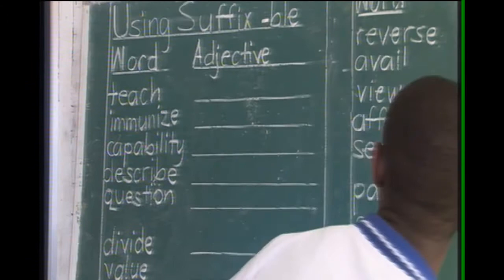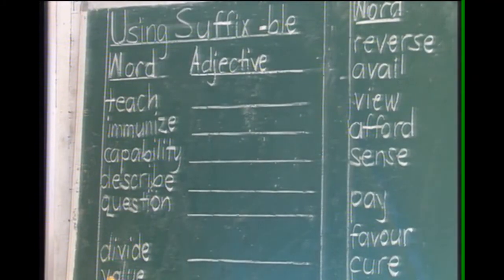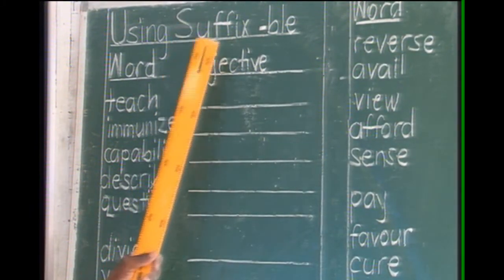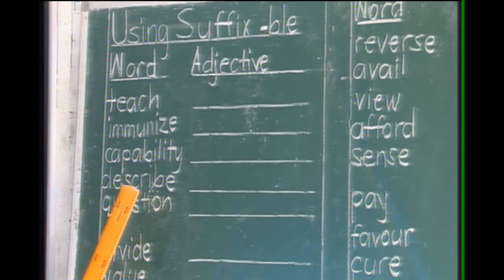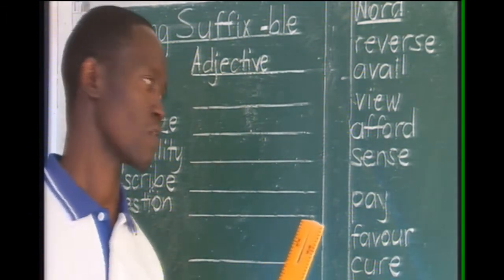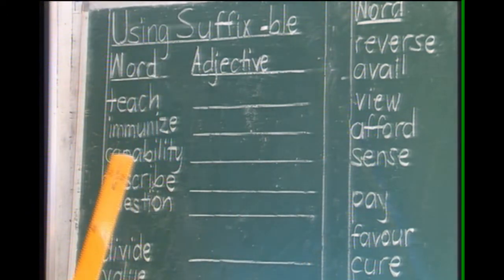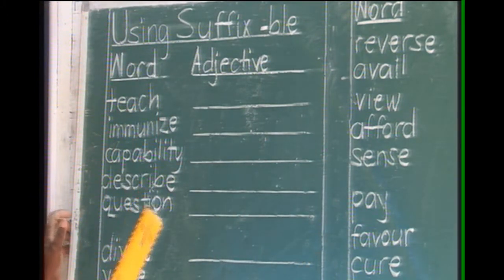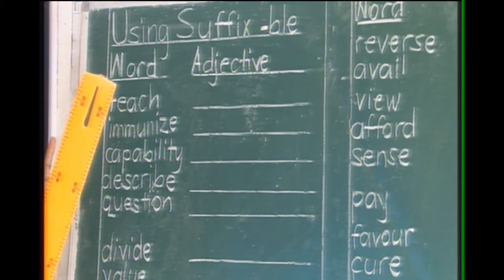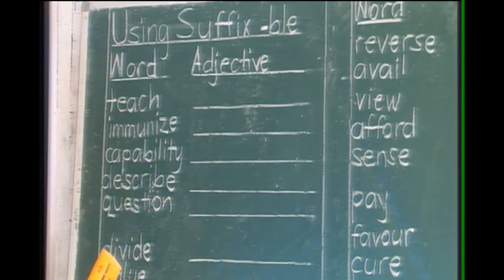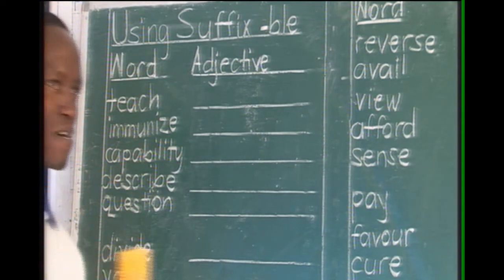Okay. We are now looking at suffix BLE used to form adjectives. Yes, you can form adjectives using suffix BLE. I don't like saying by adding suffix BLE because you do not simply add in all words.